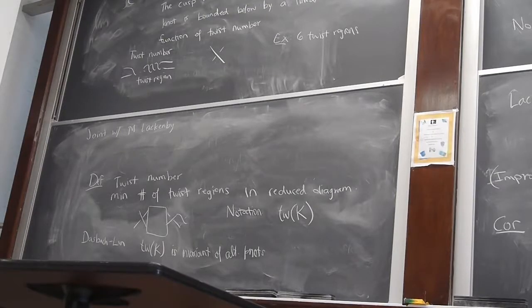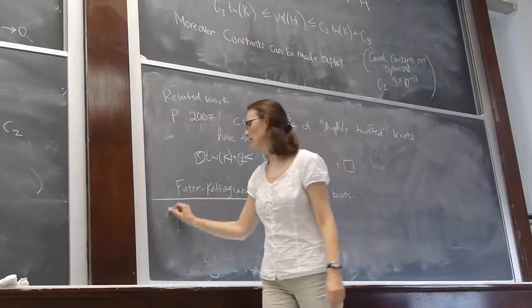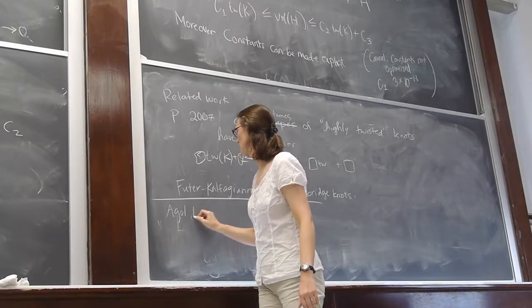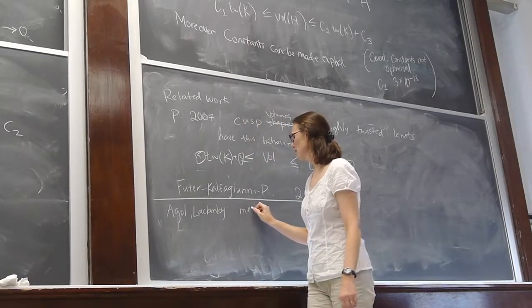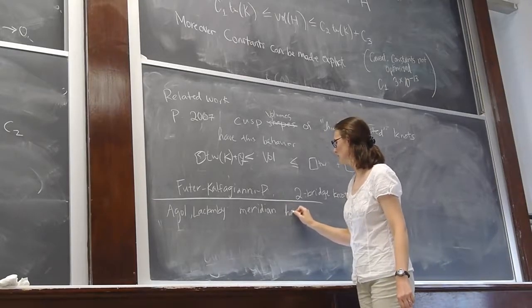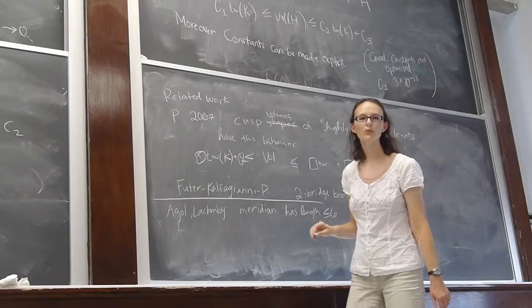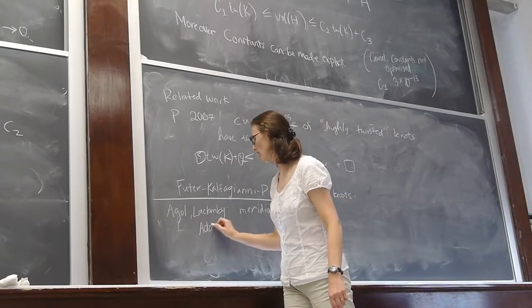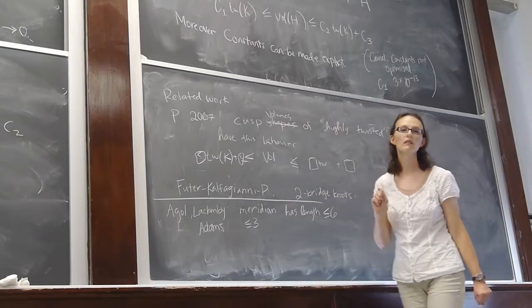We know by the six theorem, Marc Lackenby, that the meridian has length less than or equal to 6. And that was improved by Adam: for alternating knots, the meridian length is less than or equal to 3.